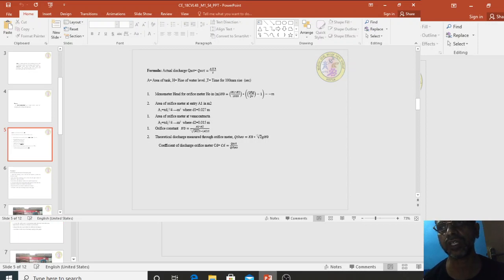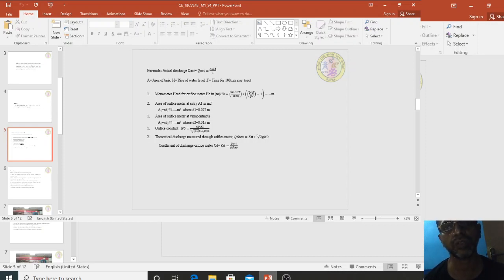Coming to the formula, the entire experiment is to calculate the coefficient of discharge of the orifice meter, Cd, which is equal to Q actual, that is actual discharge, divided by Q theoretical, that means theoretical discharge obtained from the empirical formula.